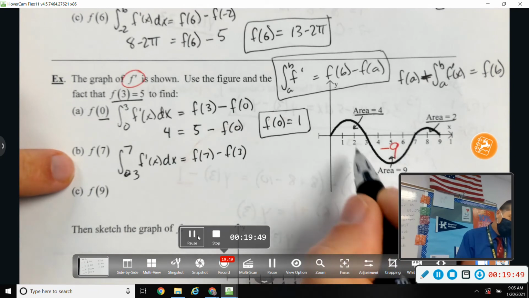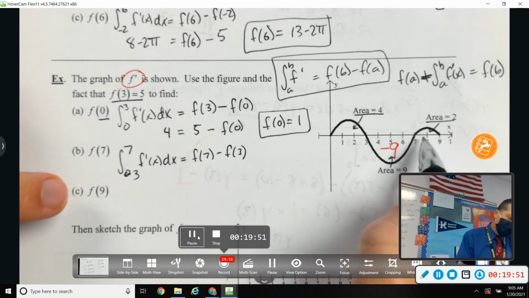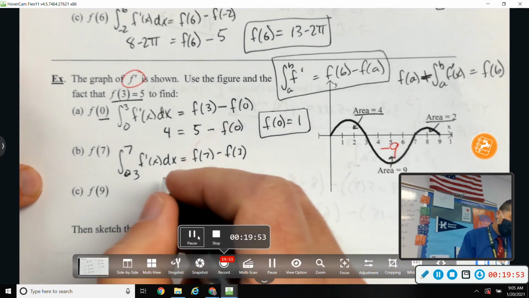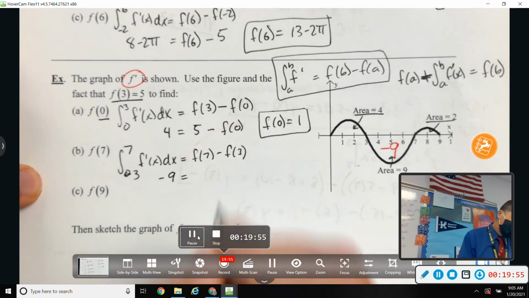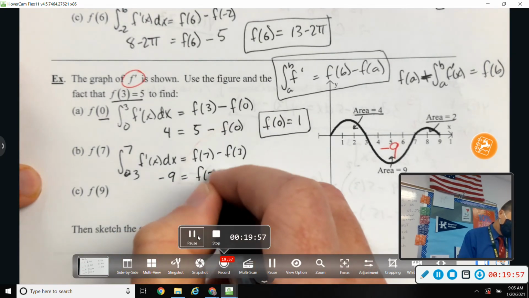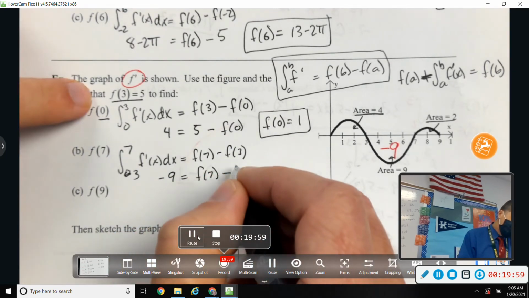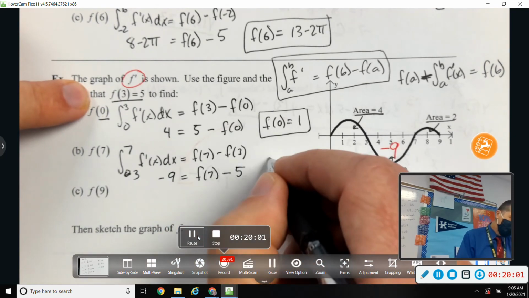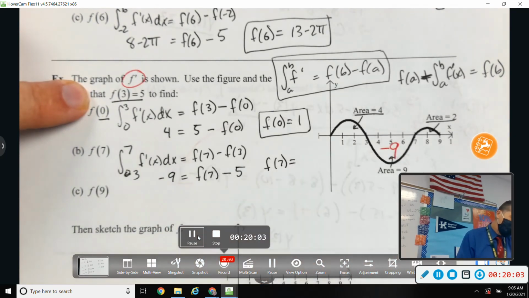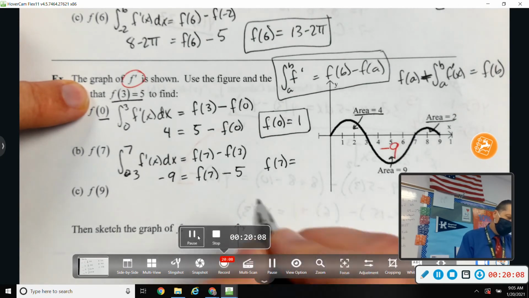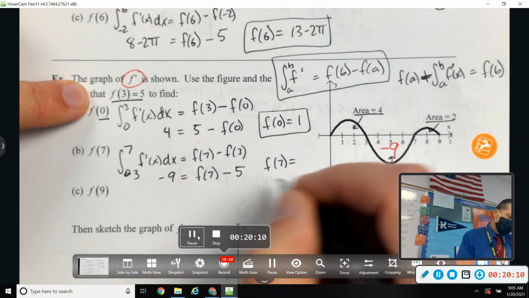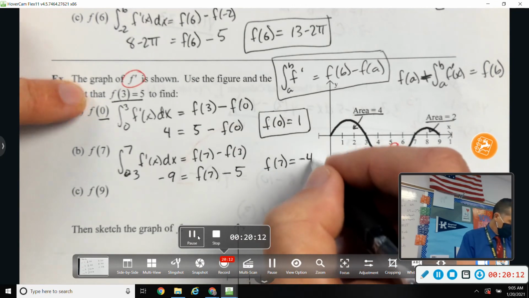So from 3 to 7, but only 3 to 7, not anything else. 3 to 7 is negative 9. F of 7 is what we're looking for. F of 3 is 5. So f of 7 is -4, I think.